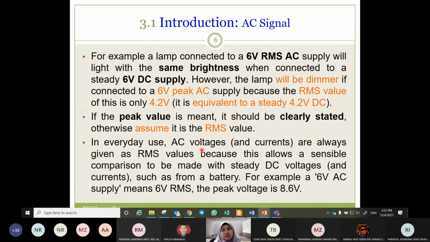In everyday use, AC voltages and currents are always given as RMS values because this allows a sensible comparison to be made with steady DC voltages and currents such as from a battery. For example, a 6 volt AC supply means 6 volt RMS and the peak voltage is 8.6. Okay, so usually the AC signal is in RMS value.